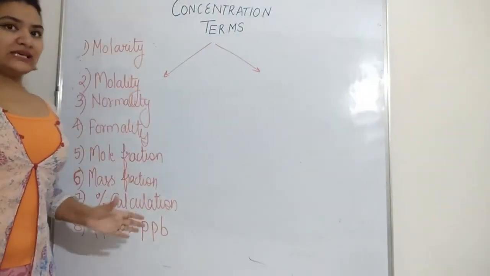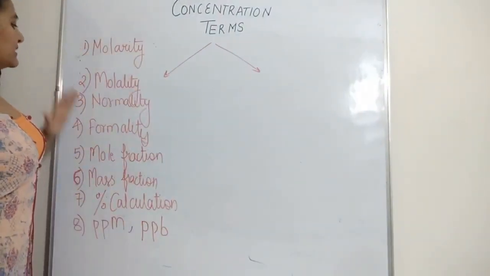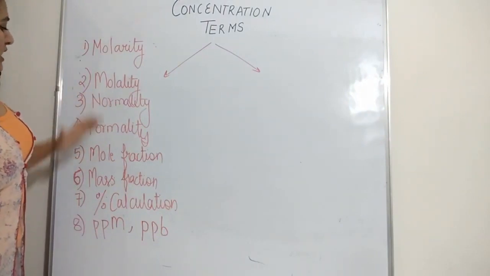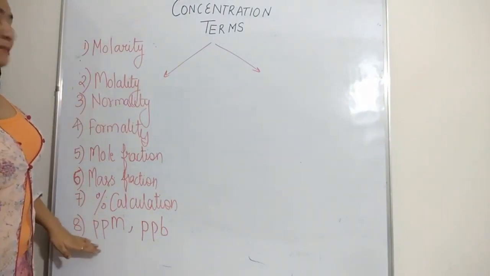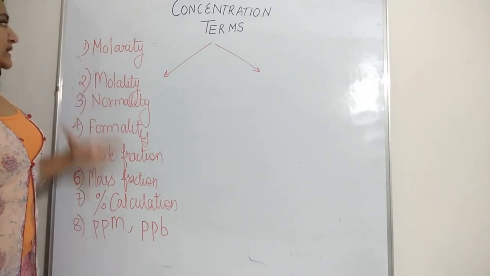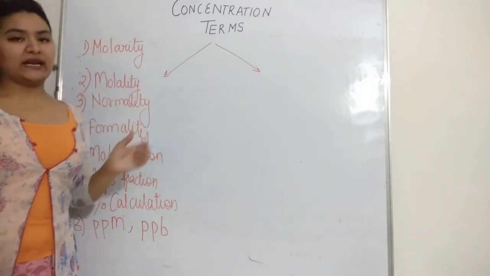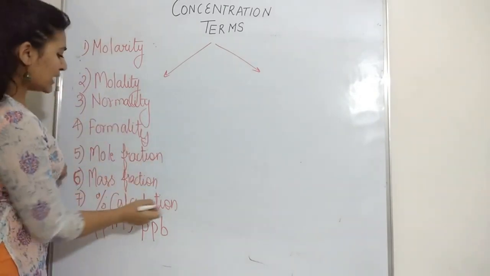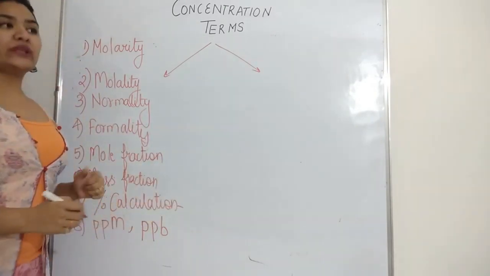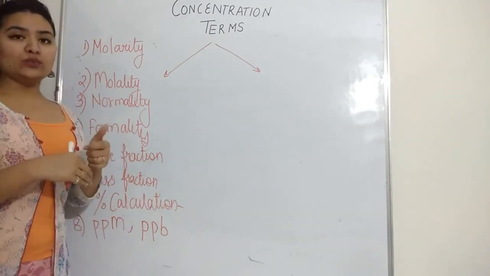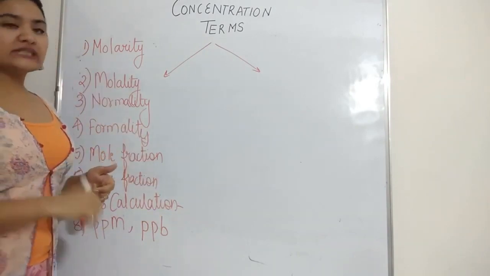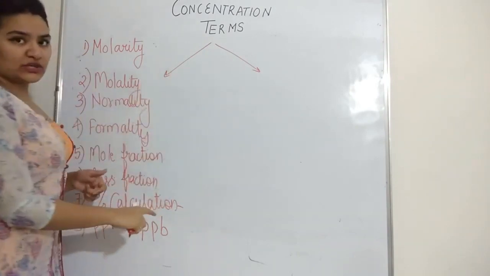Now, amongst these, molarity, normality, formality, percentage calculation, ppm, ppb, all these come under the concentration terms which are temperature dependent. Now in percentage calculation also, when you have weight by volume or volume by volume percentage, only then it will come in temperature dependent.